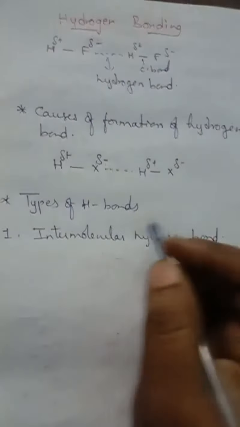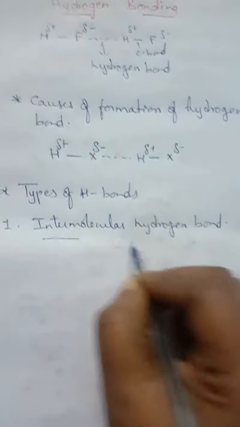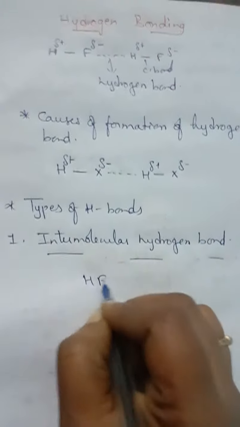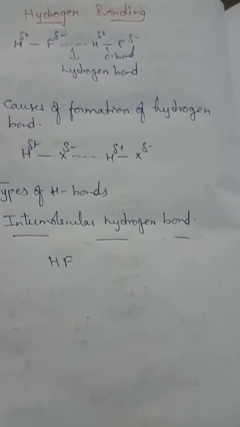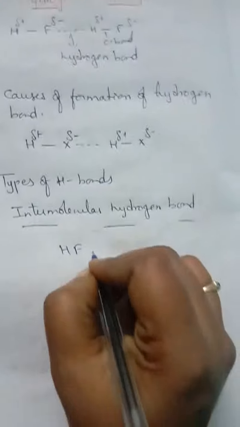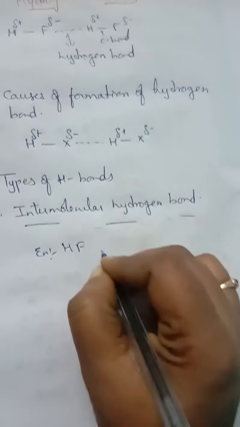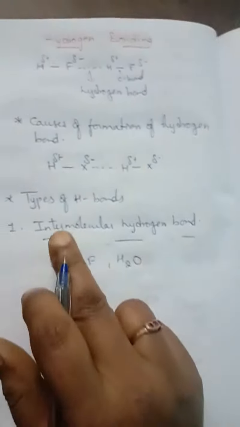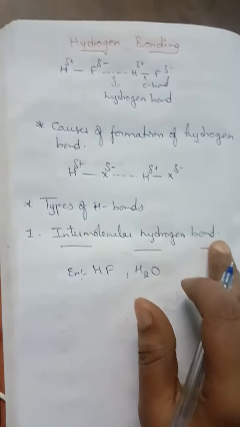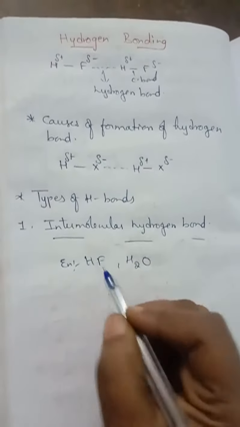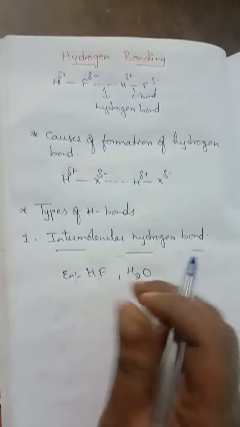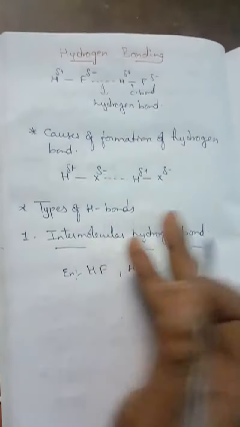For example, hydrogen bond in the case of HF, alcohol, or water molecule, HF or H2O. So intermolecular hydrogen bonding means it is formed between two different molecules. This is one type.